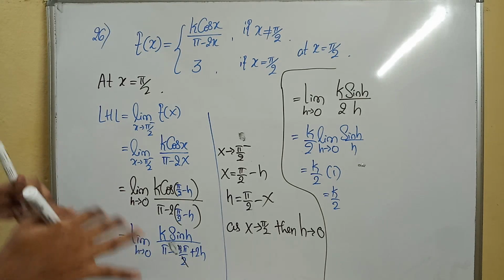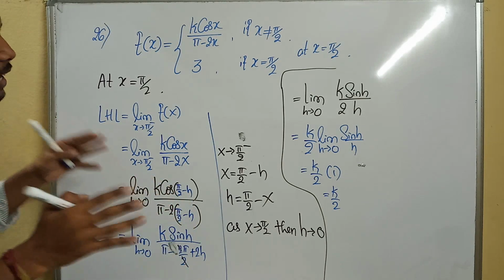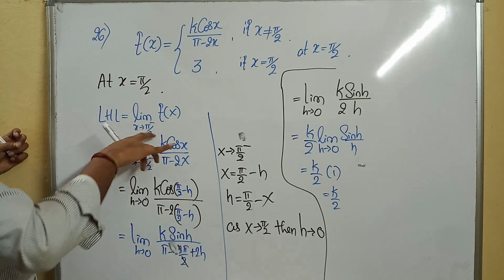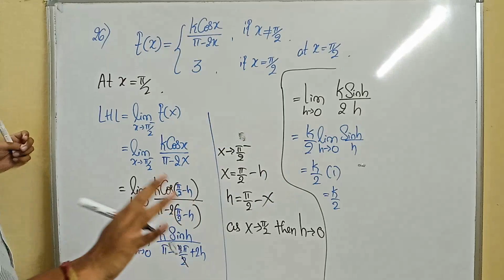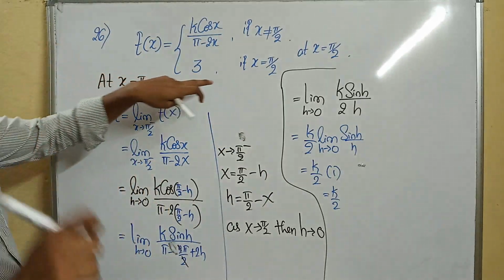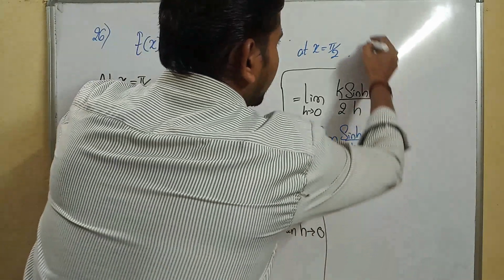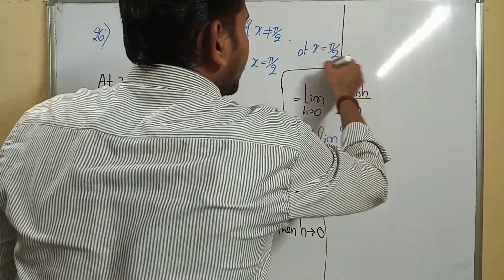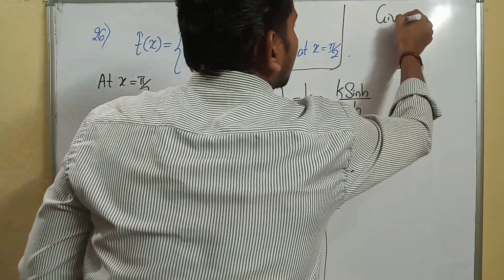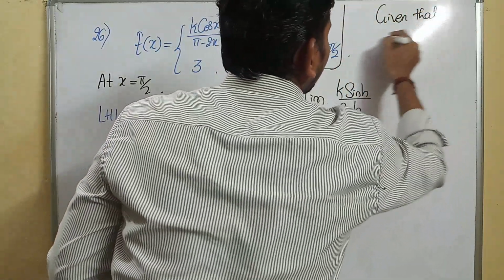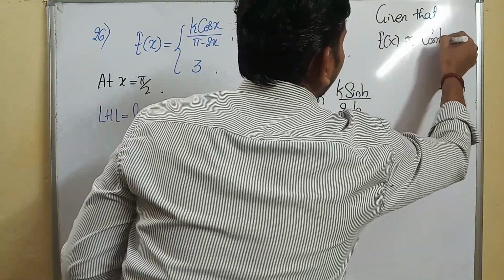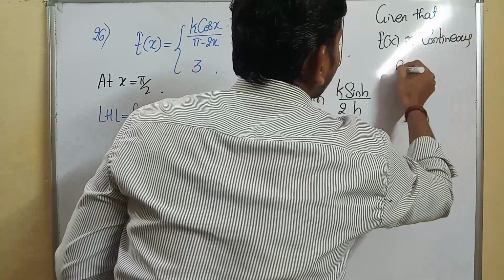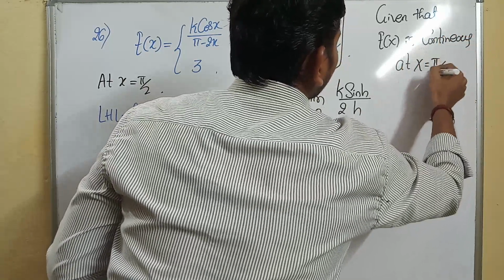Instead of calculating RHL, why are we not going to calculate RHL? For x equal to pi plus means same function, same thing will be there. That's why I need to go with the value at that point. What is f of pi by 2? Given that f of x is continuous at x is equal to pi by 2.